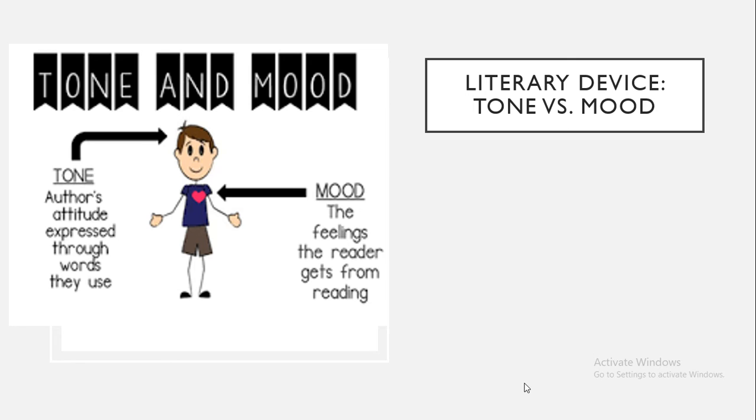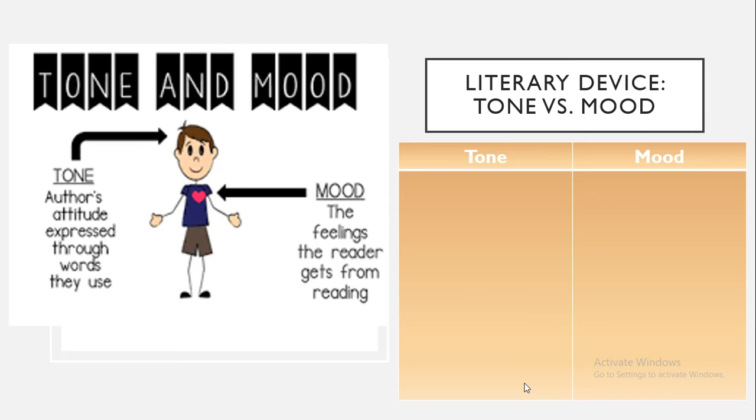And so what I want you to do is make a little chart on your paper, and I want you to ask yourself, what are some words that we could use to describe tone? And then what are some words we could use when we're talking about moods? So what I mean by that is like, what are some different tones that an author might have when they're writing? And what are some different moods that you might have when you're reading? Take about 1 minute and just write down as many examples of tones and moods as you can on your paper.